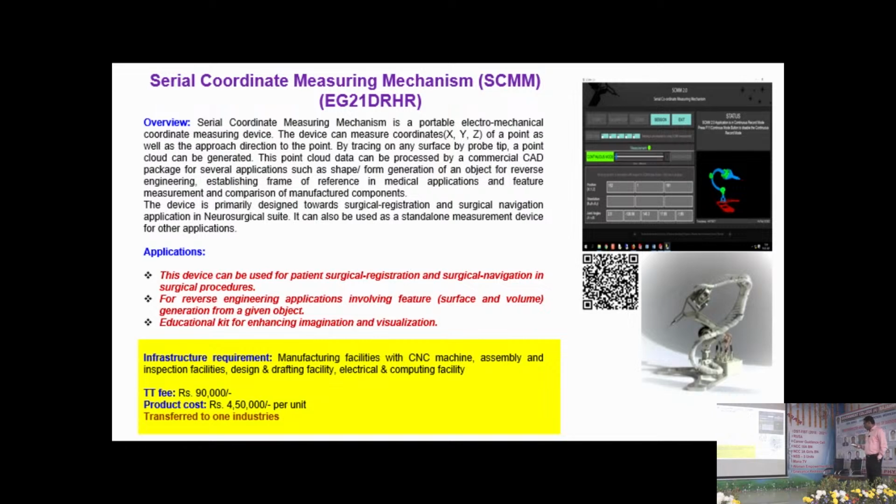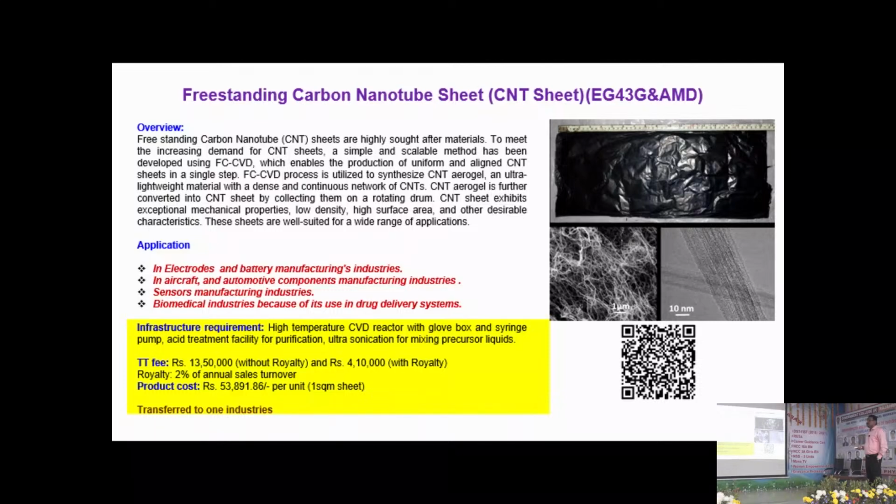So it is used along with the CNC machine. So this is CNT, I was telling, carbon nanotube. Now we are able to make full carbon nanotube sheets which can be used for battery manufacturing and all. This is also using vapor deposition techniques to make these sheets.